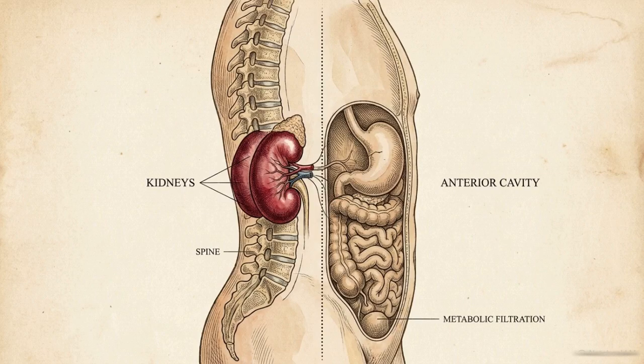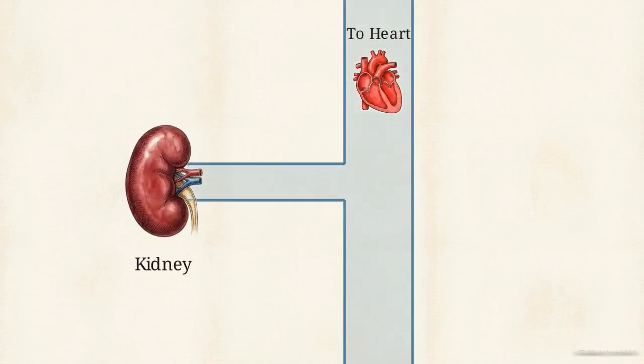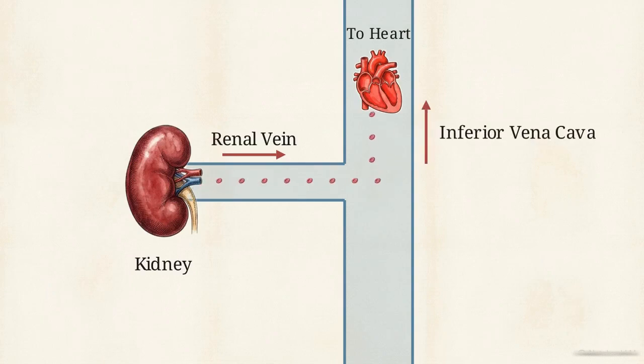The kidneys themselves sit laterally in the abdomen, rather than in the anterior cavity. This specific positioning explains why referred pain from renal distress, like kidney stones, typically presents in the lower back. Once the waste is separated, the purified blood exits the kidney via the renal vein, feeding directly back into the inferior vena cava to recirculate.